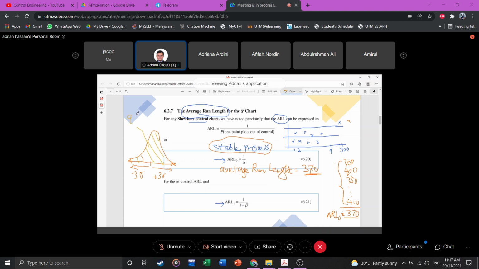This means that 1 minus 0.9973 is our alpha, or in another way, the probability of 1 point plotting out of control. We want to see the probability of having this, so 1 minus the inside is going to be 0.0027.